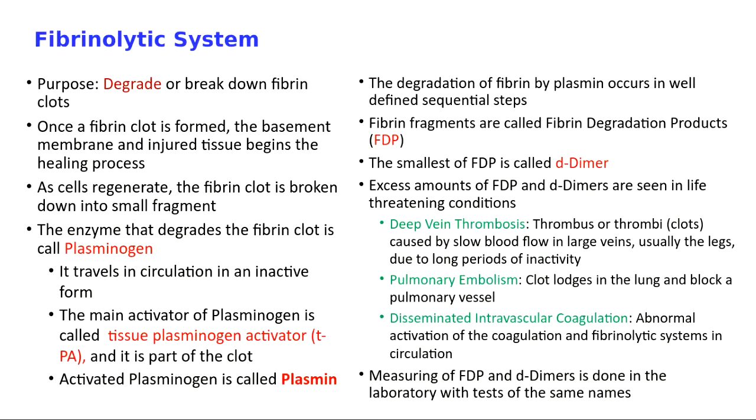The D-dimer is a very good indicator and can help the doctors rule out nasty conditions like deep vein thrombosis or pulmonary embolisms, or to assess disseminated intravascular coagulation. So the D-dimer is a very detailed test that gives us a lot of information. But again, we also have that FDP test that can help us assess the fibrinolytic system.